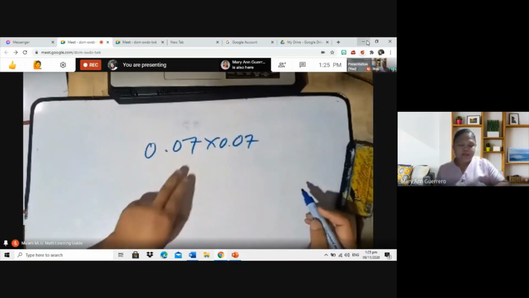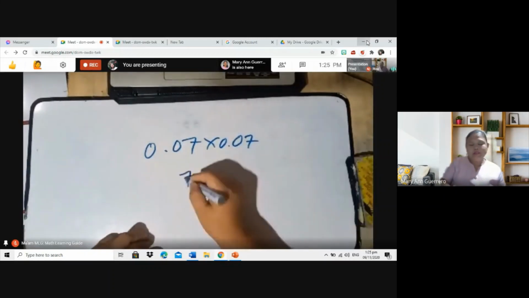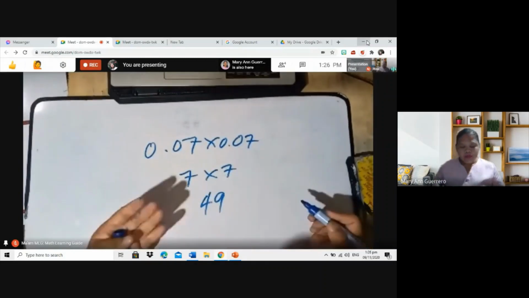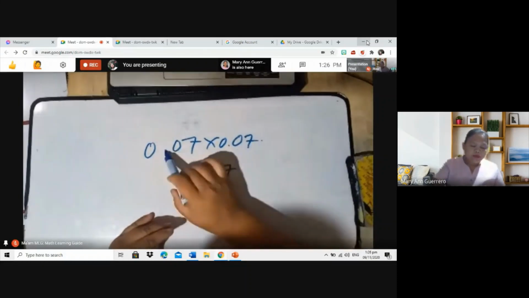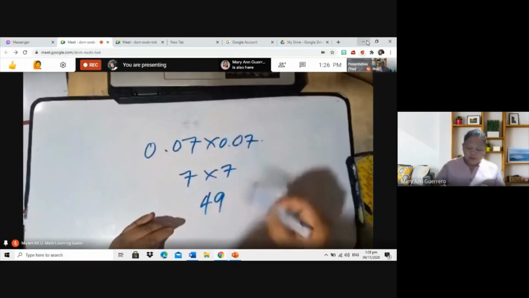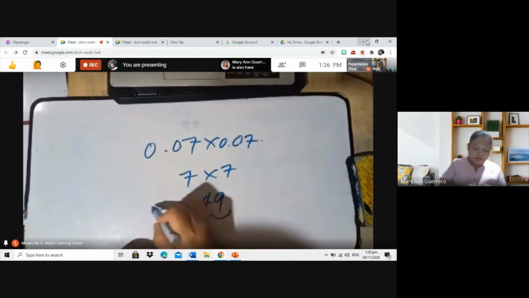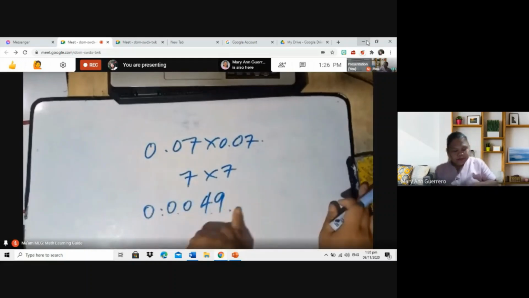First remove the decimal, that is 7 times 7, that is 49. Then count the digits after the decimal point, 1, 2, 3, 4. From here, 1, 2, 3, 4. Add 0. So the answer is 0.0049.